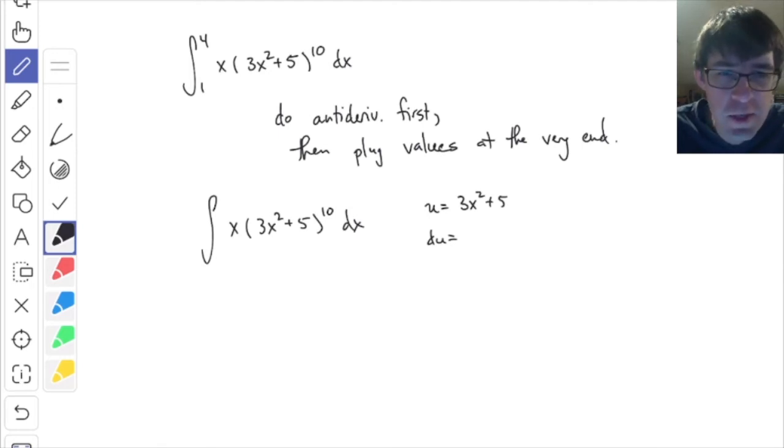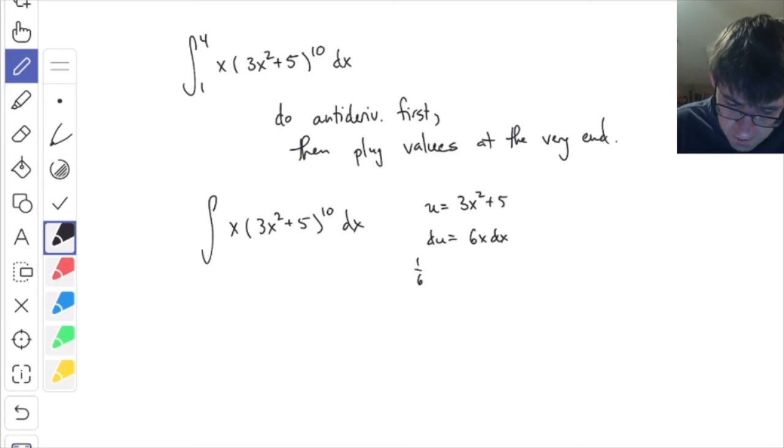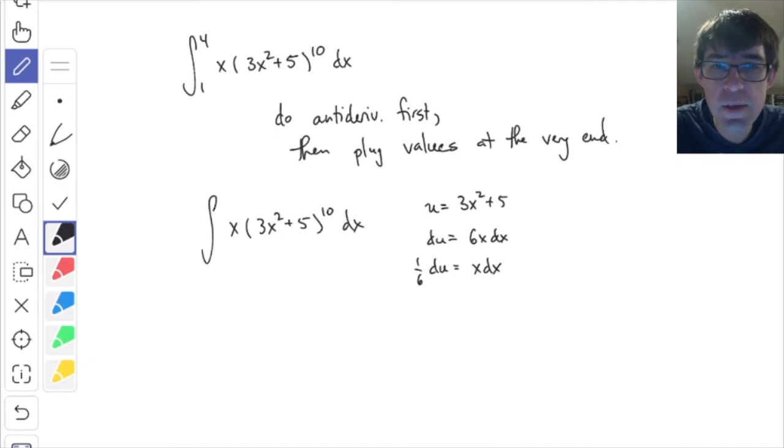Can you tell me what the du is? 6x dx. Excellent. 6x dx. Great. Okay. Now, because I know the future here, I'm going to divide the constant here. You basically always have to do this, dividing the constant, in order to make the du match up with what you end up with. Okay.